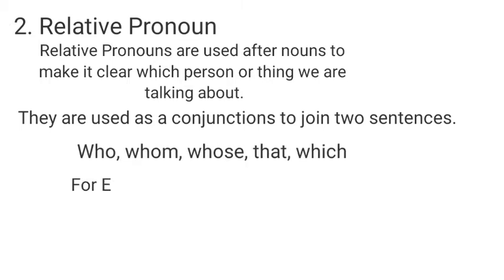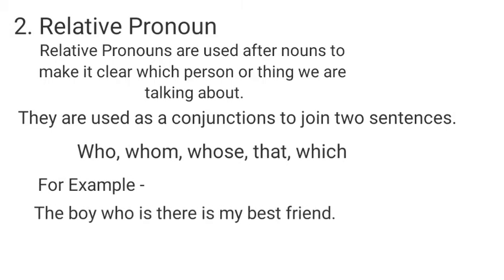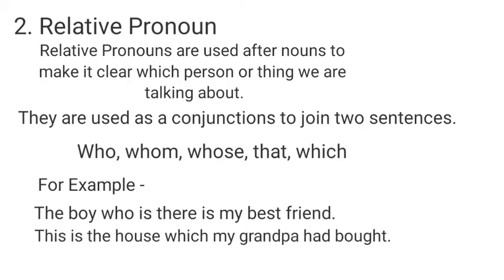Let's discuss with the help of some examples. The boy who is there is my best friend. And the next example is, this is the house which my grandpa had bought. In these examples, you can clearly see how I used relative pronoun right after noun and joined those two sentences. So those were all about relative pronoun.